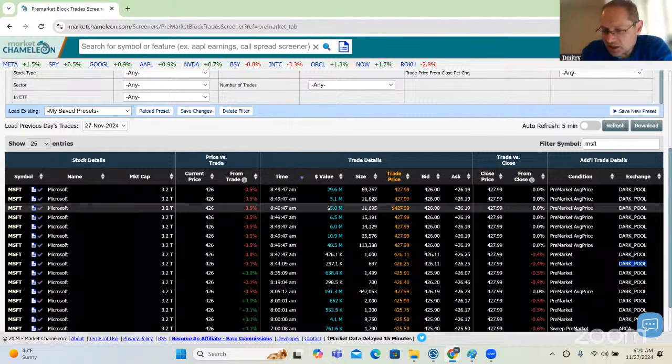You're trying to analyze it to make inferences. Okay, so nobody's telling you, well, yeah, there's a huge buy order for $200 million worth of stock of Microsoft. Nobody's going to tell you that, because that would defeat the purpose of the dark pool, right? The whole point is that you don't know.